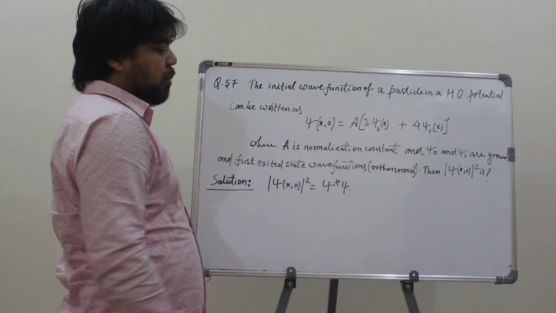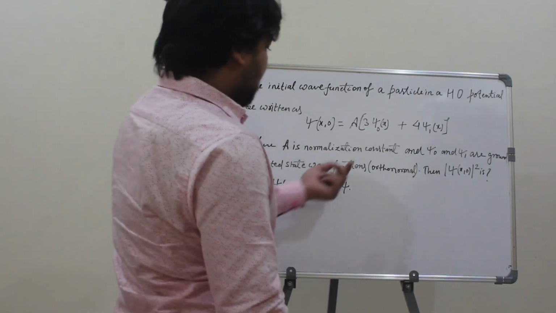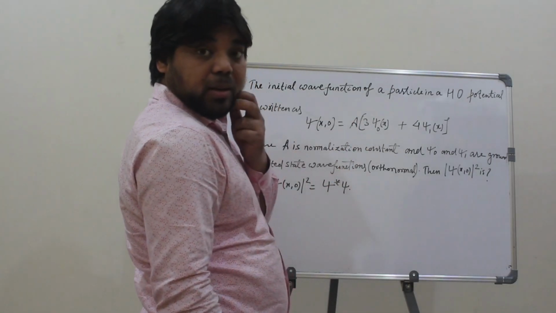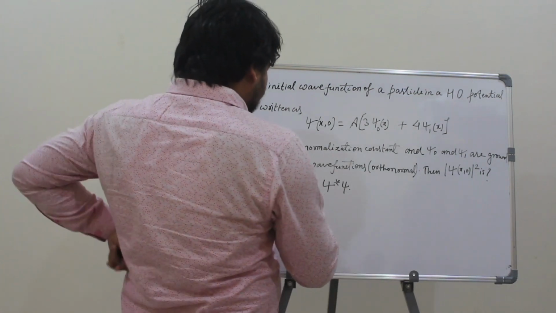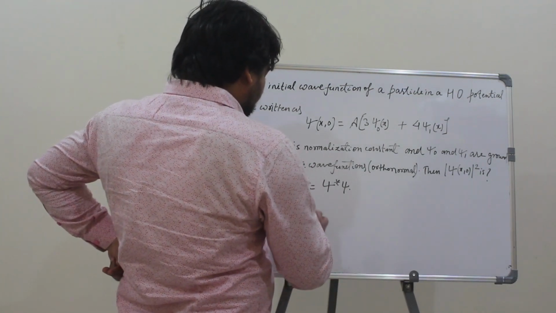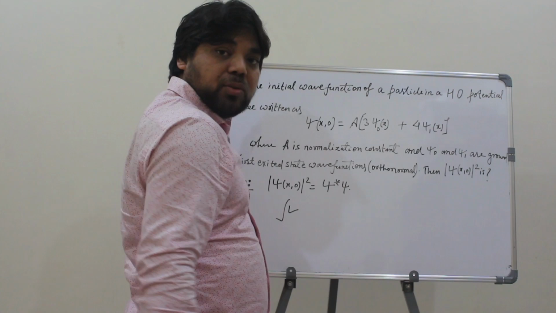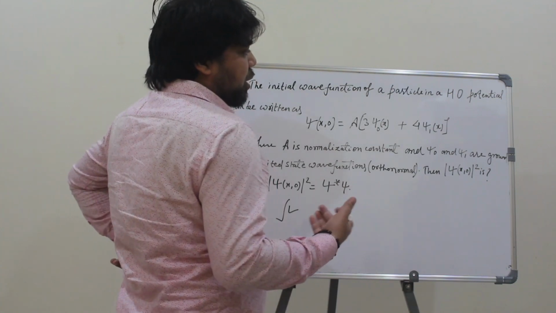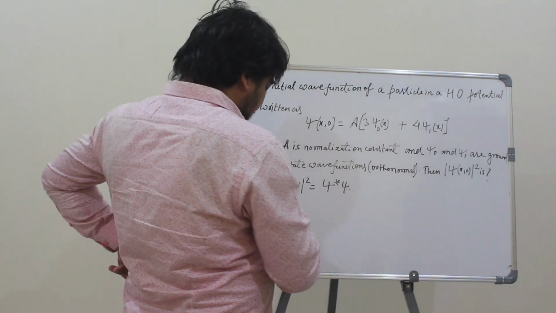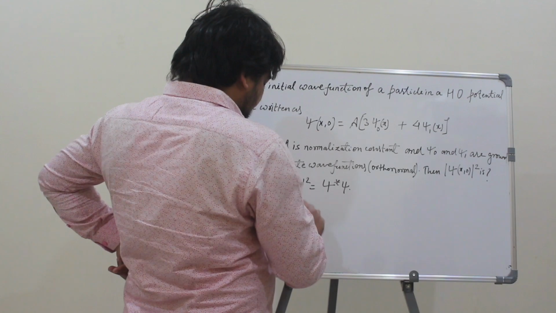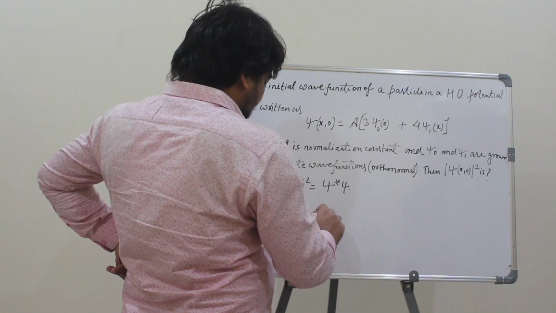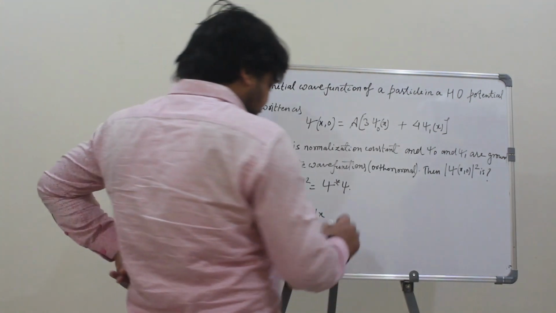But remember that before finding psi star psi, you need to first calculate A, right? So what is A? You first normalize it. Remember that this is a harmonic oscillator, so the position varies from minus infinity to infinity, right? Psi star psi dx. It's one dimension.